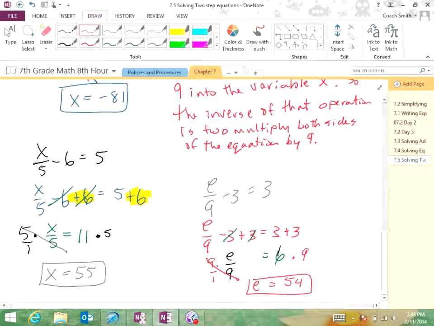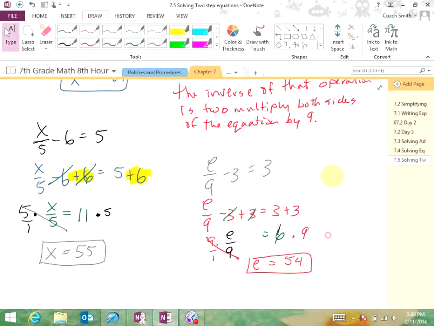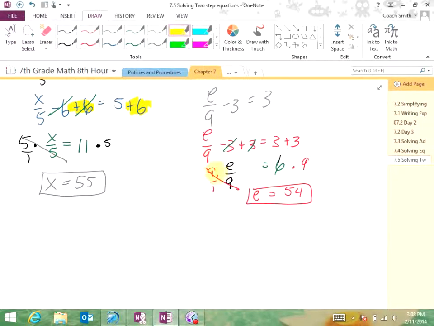What's your question, Juliana? What part do you not get? Talking about this part here? This part? Okay, that would be the whole thing. Do you understand where I got the plus 3?